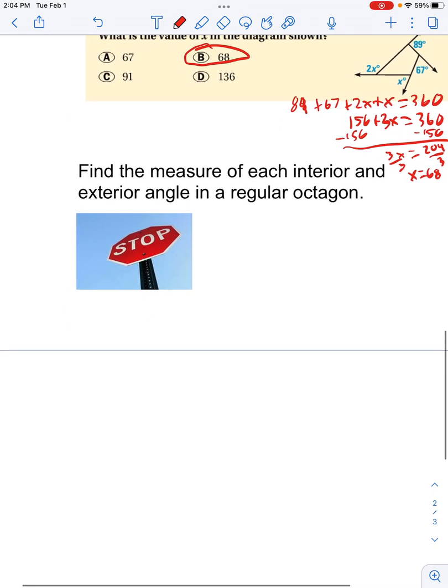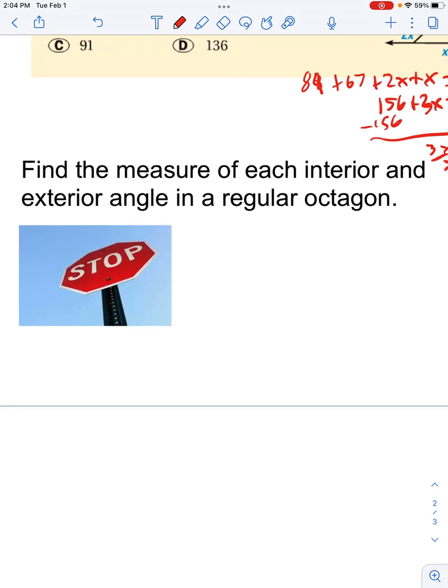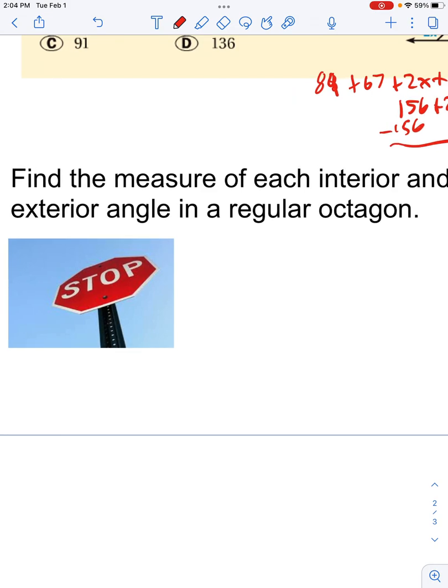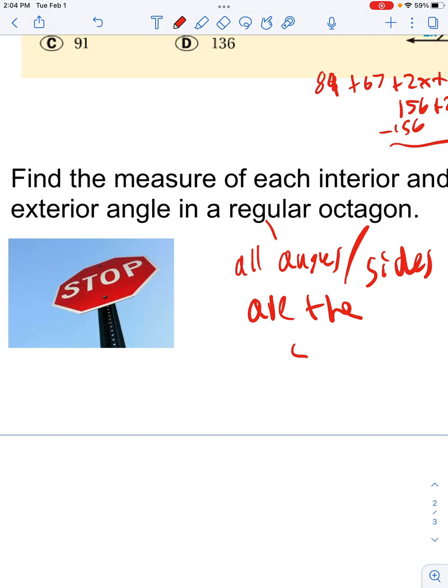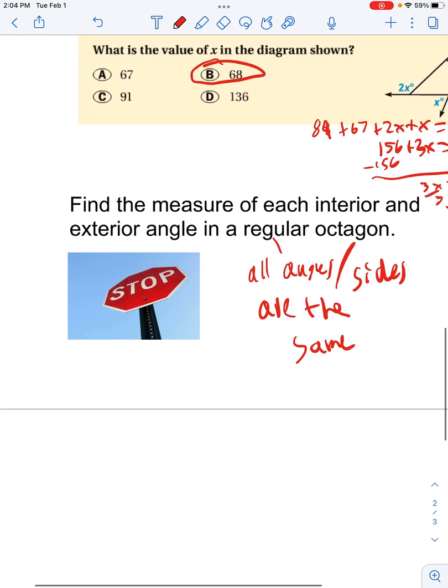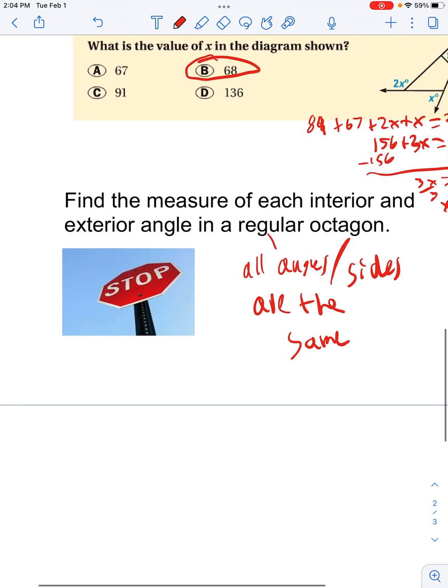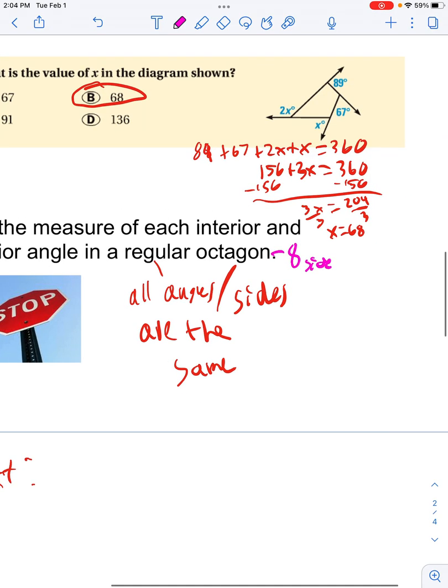Find the measure of each interior and exterior angle in a regular octagon. Regular means that all angles and sides are the same. So if they're all the same, my exterior angles add up to 360. Octagons have 8 sides.